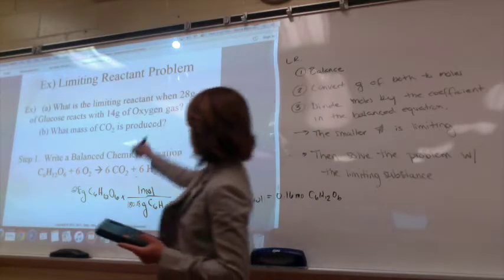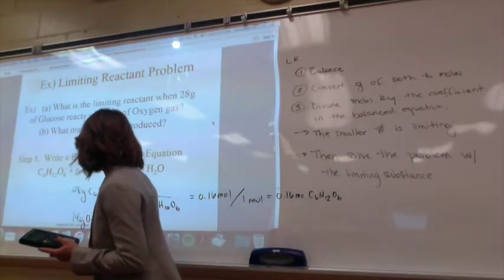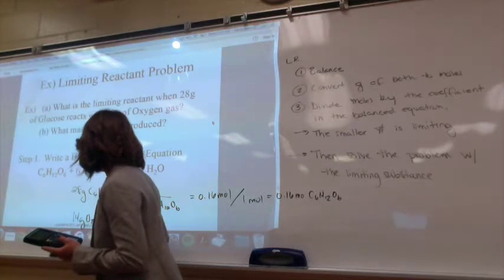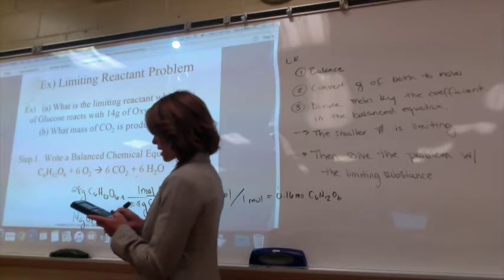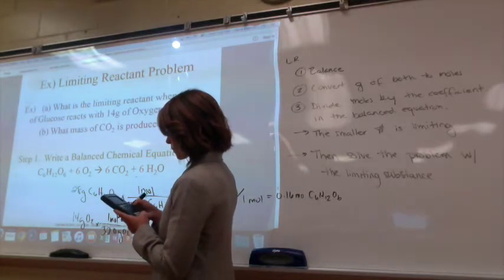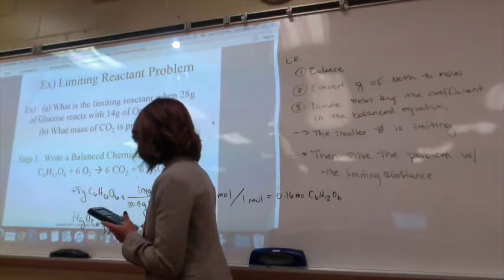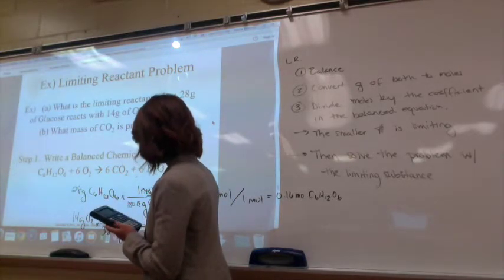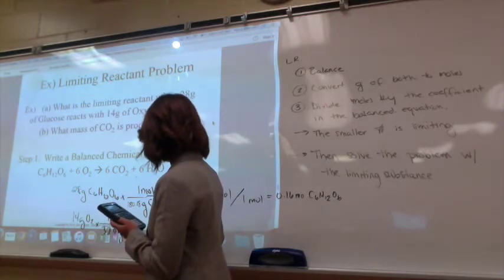Then I'm going to take my 14 grams of oxygen, and I'm going to convert that to moles. So 32.0 grams of O2 is to 1 mole of O2. I put that in my calculator. Whoa. And I get 0.44 moles.